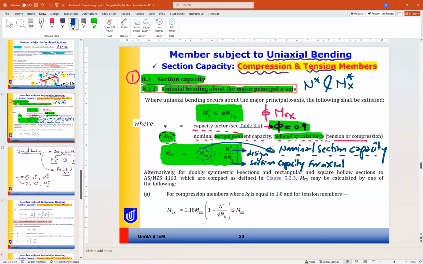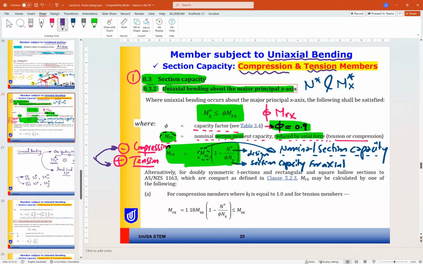What is the trick here? The trick here is this sign. The sign is negative for compression force, positive for tension force, because the tension force will increase the nominal section moment capacity for the member since you are reducing the compression. So just be careful here in this formula. The negative sign is for compression and the positive sign for tension.